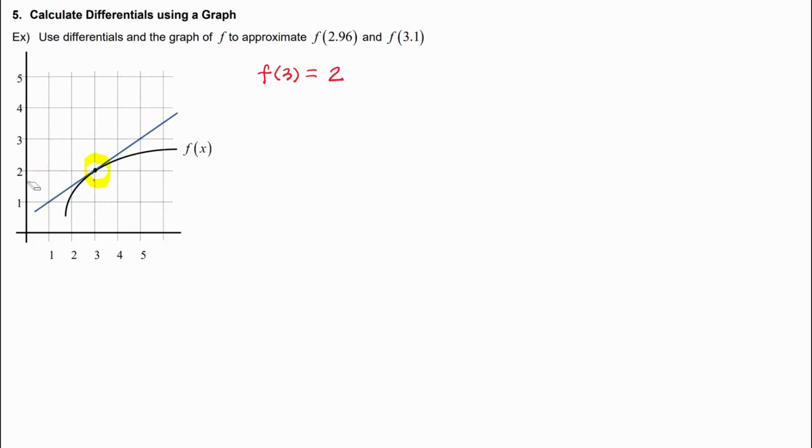And what's f prime of 3? You can just find the slope of this tangent line using two exact points. I have an exact point here and another exact point here. You can do rise over run, which is 1 over 2. So f prime of 3 is 1/2.